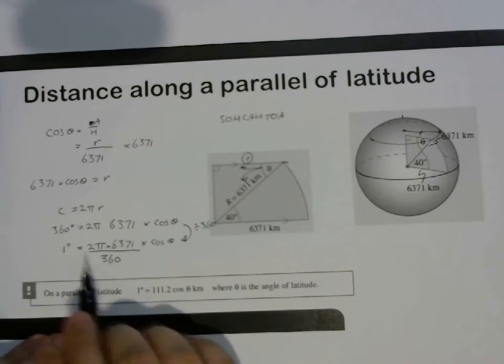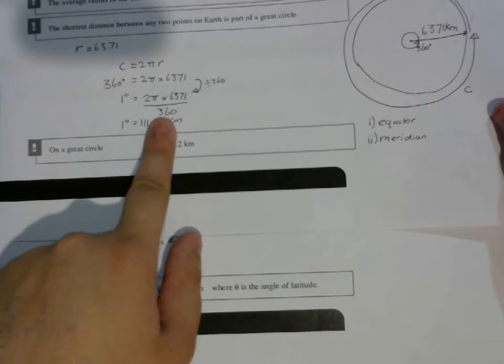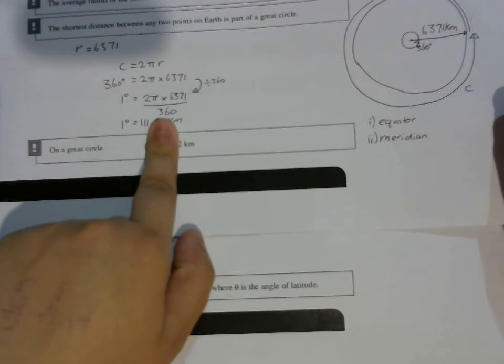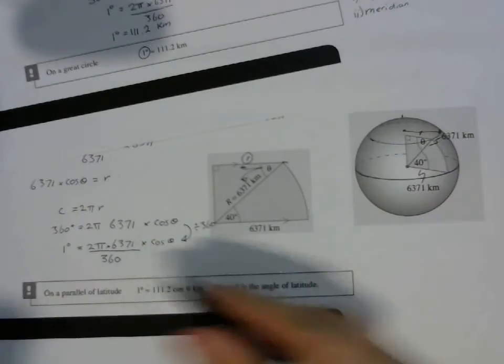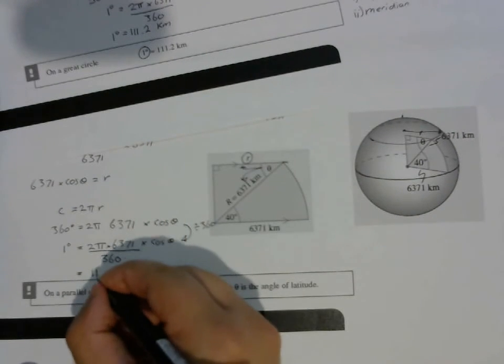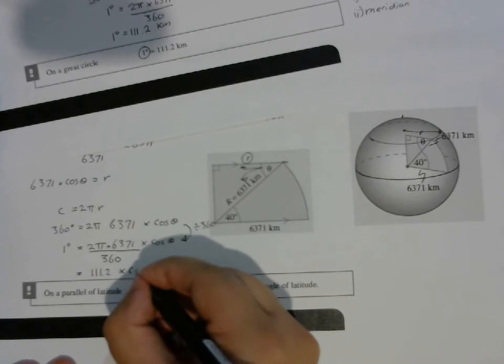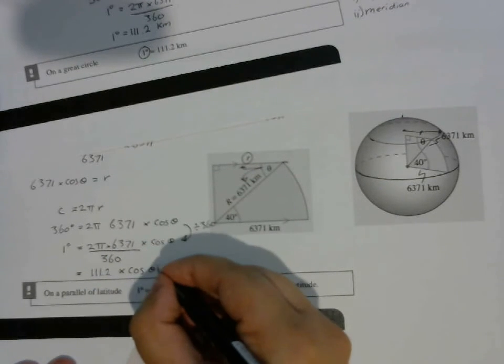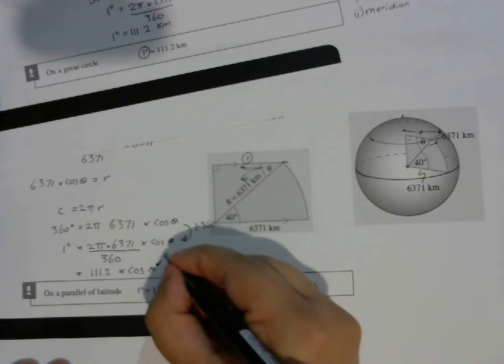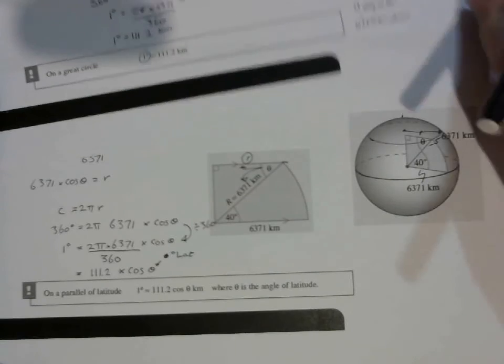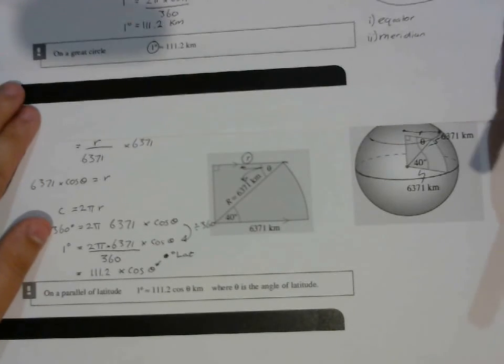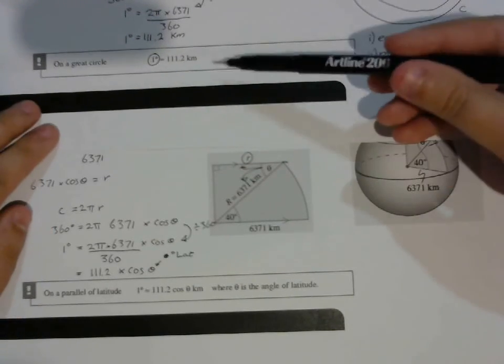And we've seen this term before, 2 pi times 6,371 divided by 360. That's the same thing we had over here, and we knew that that was 111.2, so we can simplify this to become 111.2 times cos theta, where theta is the degrees latitude. So that's how we know that these two rules are the rules that we're using.